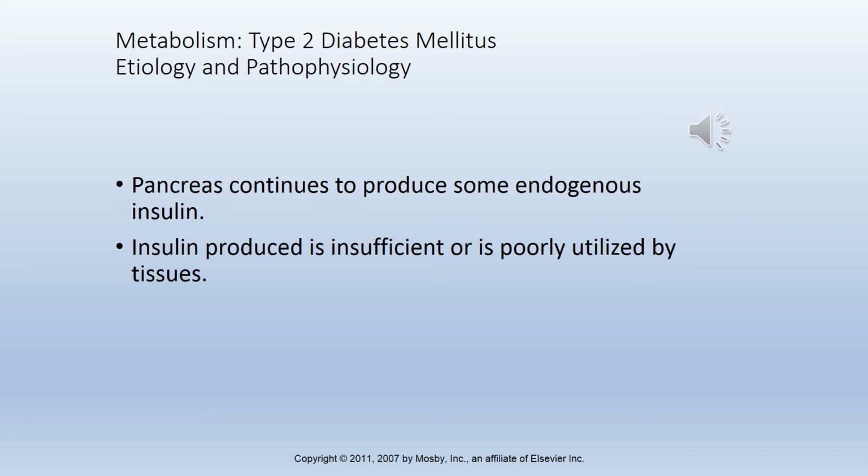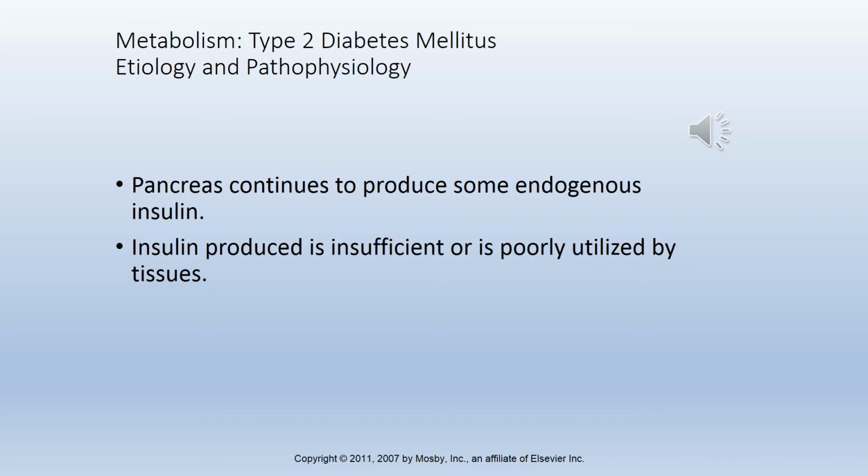In type 2 diabetes, these intracellular reactions are diminished, making insulin less effective at stimulating glucose uptake by the tissues and at regulating glucose release by the liver. Now, the exact mechanism that leads to insulin resistance and impaired insulin secretion in type 2 diabetes is unknown, although genetic factors are thought to play a key role.